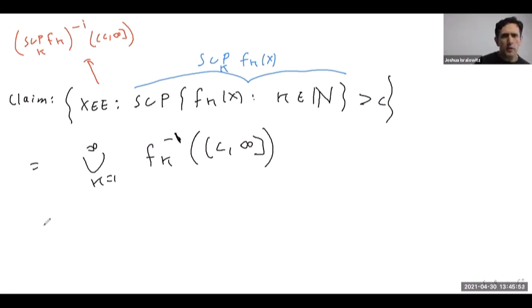Okay, so how do we prove this? I should say this supremum here, we're going to say that the supremum is plus infinity if this set here in yellow is unbounded, not bounded above, rather.